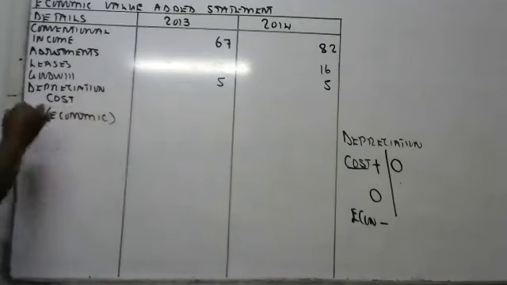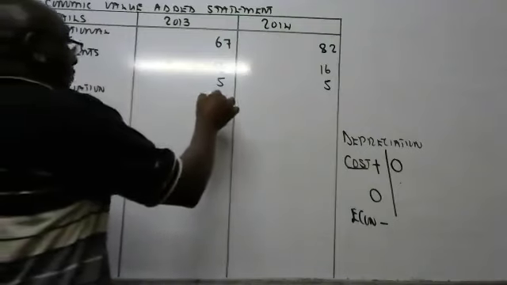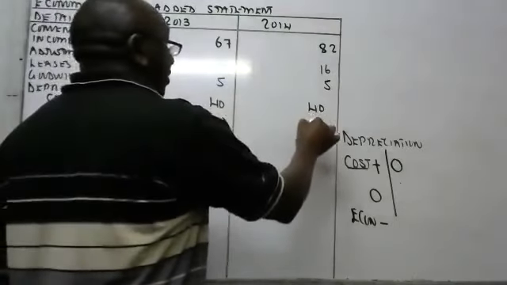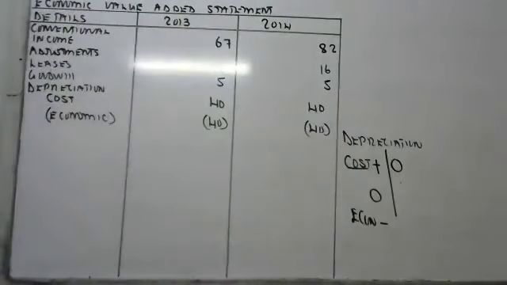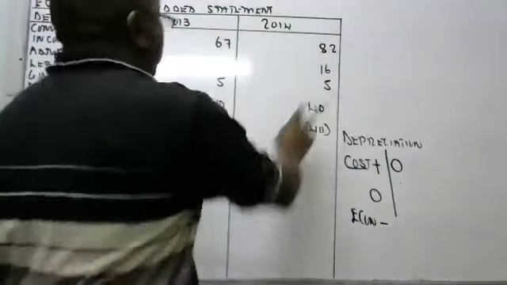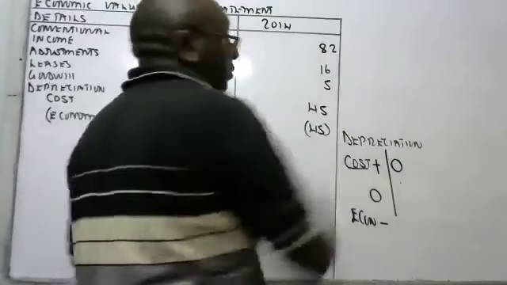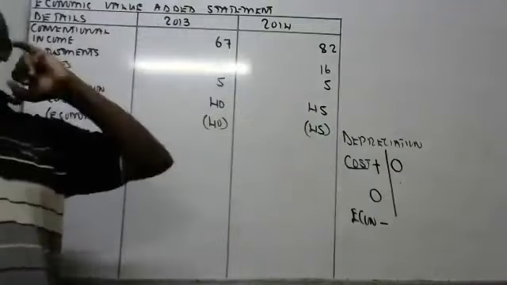Then the economic, I'm saying, is supposed to be subtracted. And because we are told they are equal, you add 40 and then you less 40, at least for record purposes. Oh, the 45 the other year. Okay, 45. So in case they are not equal, the difference now will affect.